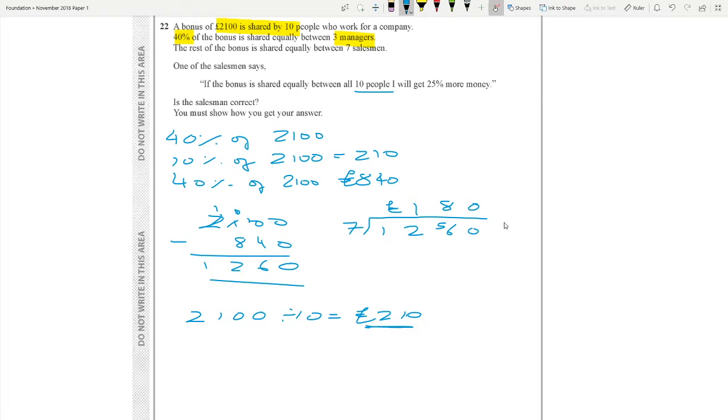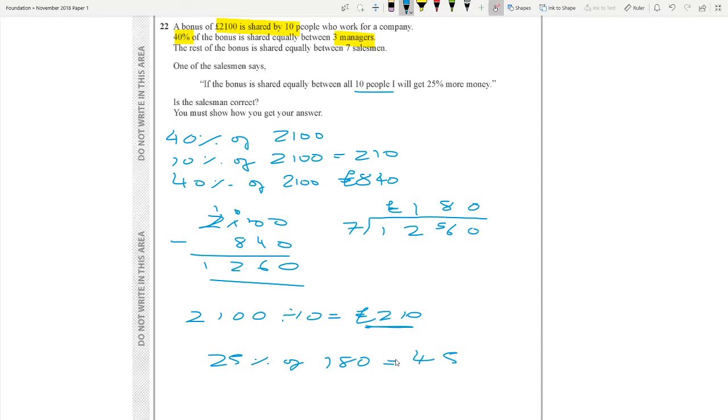Well, what's 25% of 180? 25% is a nice fraction to work with because you can just divide by 4, half it and half it again. 25% of 180: half it, 90, and half again is 45.